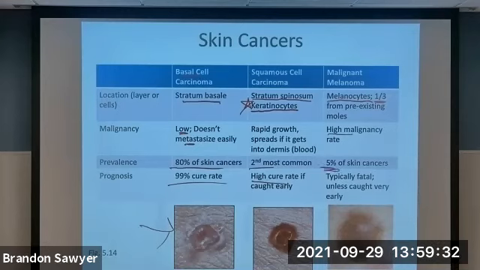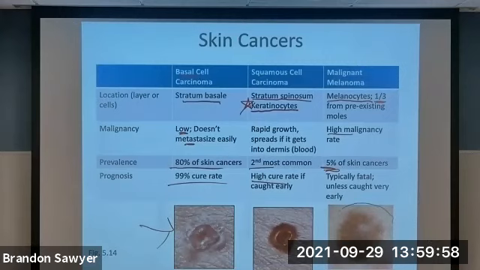Okay, only 5% of total skin cancers are malignant melanoma, but in general, this can be fatal. Okay, and the survival rates of this have improved a lot in the past 10 years with different types of therapies. But 10, 15 years ago, it was somewhere around like a 95% fatality rate. But it's gotten a lot better with treatments as well as screenings.